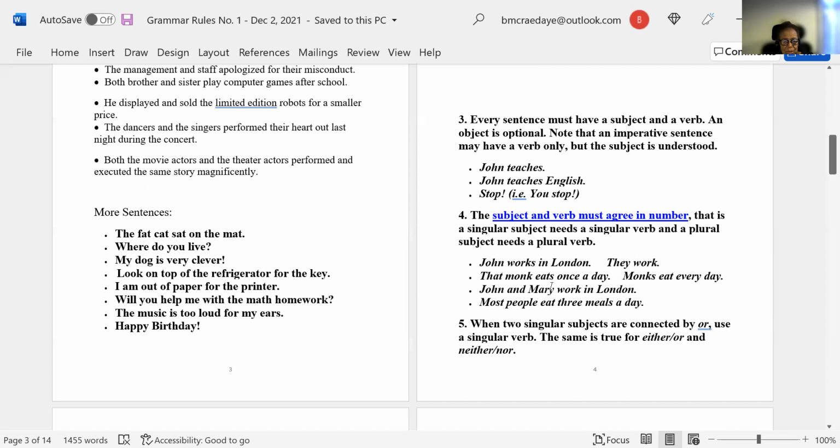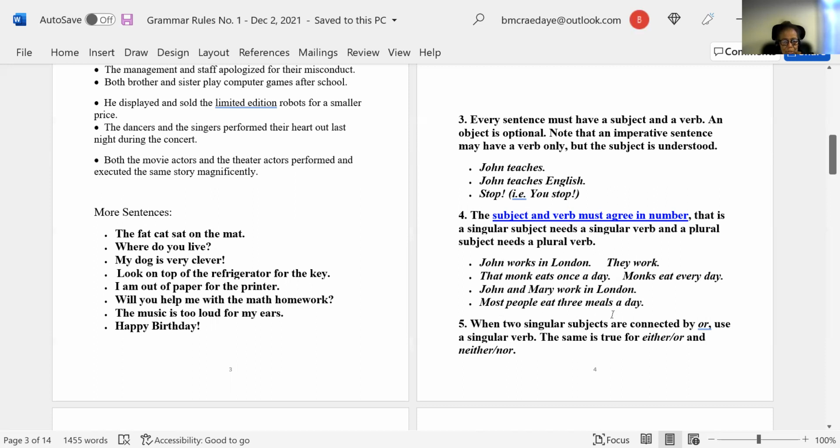People eat. You wouldn't say people eats, because people is plural in form. So people eat. Like you would say, they eat, but she, singular, would be she eats, okay?